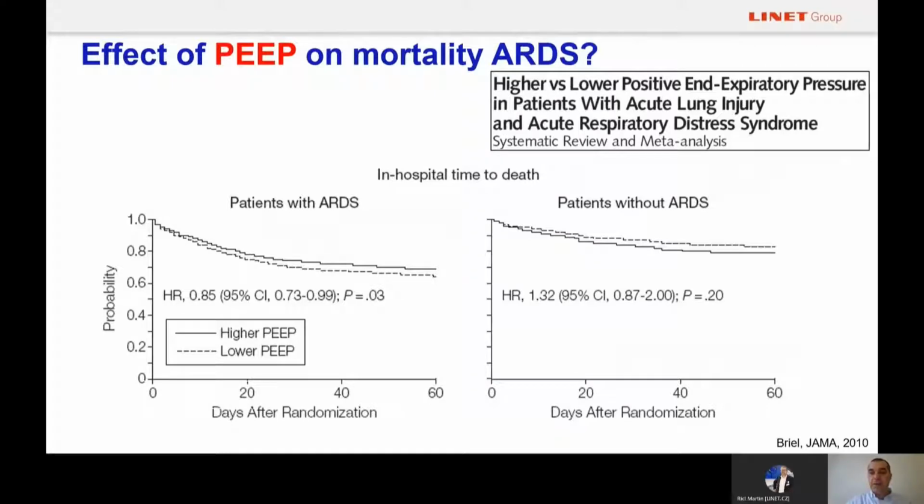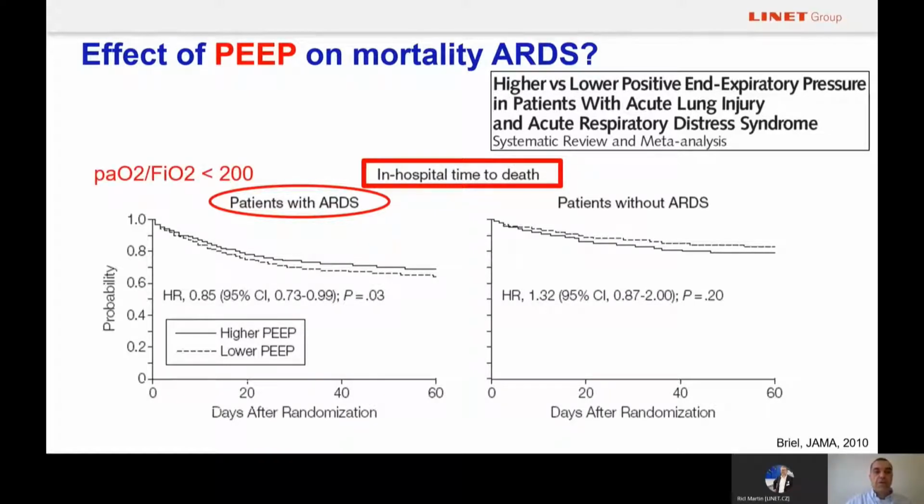Then Briel in JAMA in 2010 meta-analyzed the raw data of the patients from these next 3 studies, and when the patients on mechanical ventilation used higher PEEP, only when the patient had PaO2/FiO2 index below 200, they showed us significant benefit for mortality.